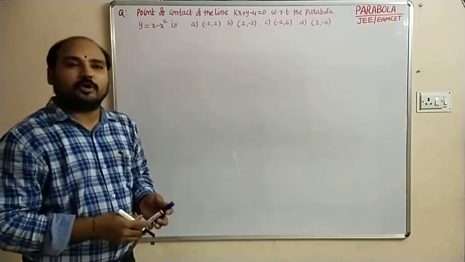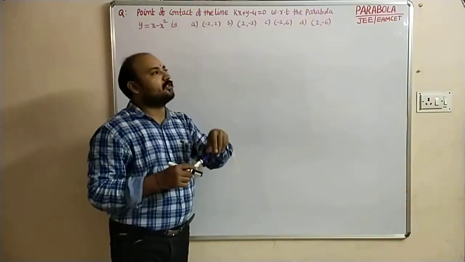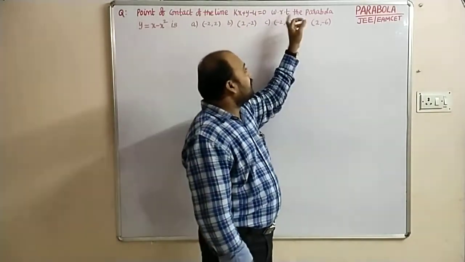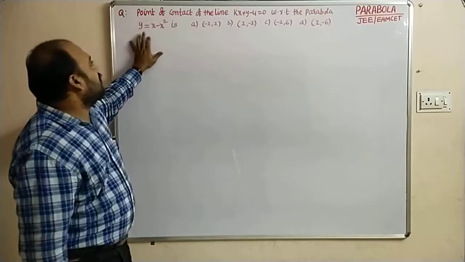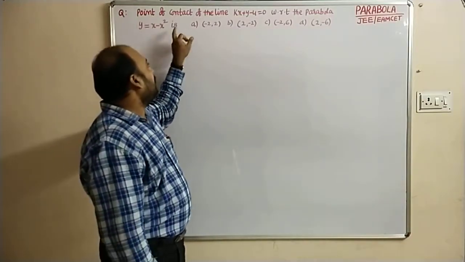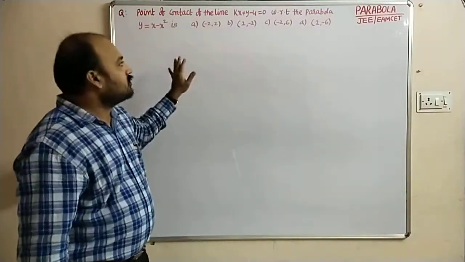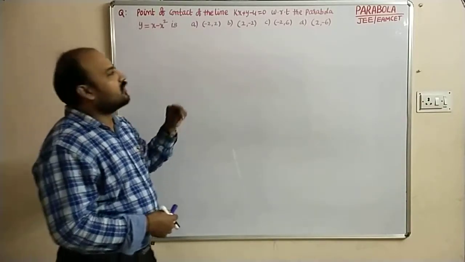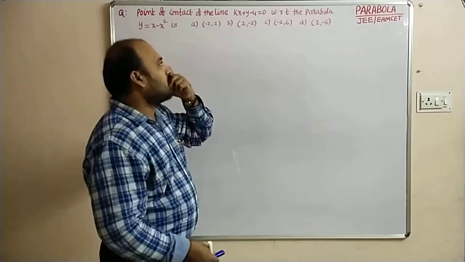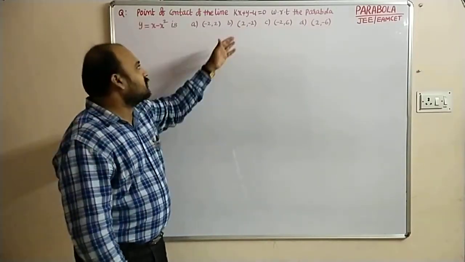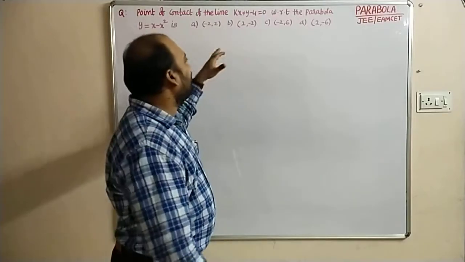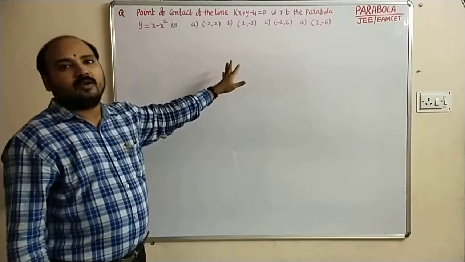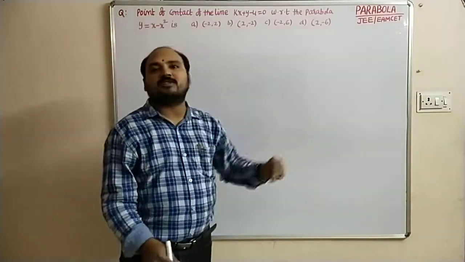The point of contact of the line kx plus y minus 4 equal to 0 with respect to the parabola y equal to x minus x square is, which option is going to be the correct option? Here the twist is there: the line is kx plus y minus 4 equal to 0. If the k value were known, we could directly substitute in the parabola as well as the line, and whichever point satisfies, we would get the answer.